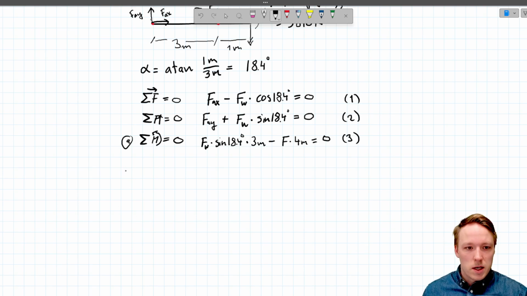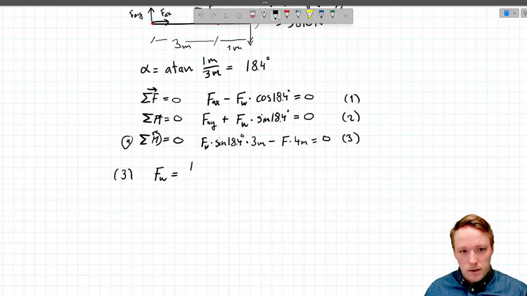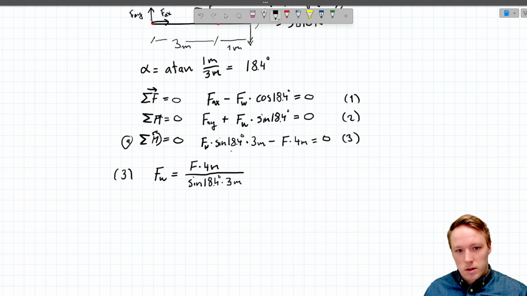So now from equation number 3 we can solve the FW, and the FW will be F times 4 meters divided by sine 18.4 degrees times 3 meters. The meters get cancelled away, like so.